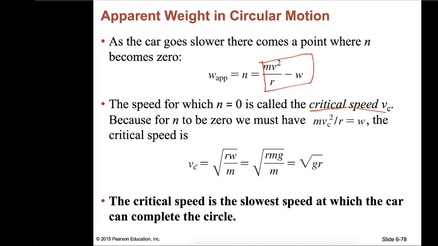Then vc, the critical speed, equals the square root of rW over m, or the square root of rmg over m. The m's cancel, and it's the square root of gr. So the critical speed is the slowest speed at which the car can complete the circle.